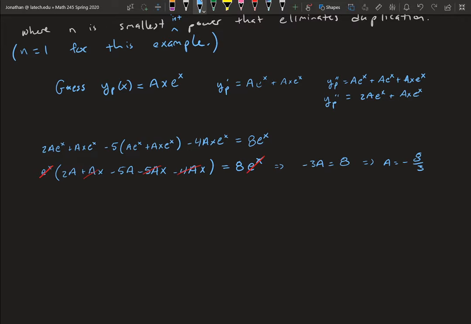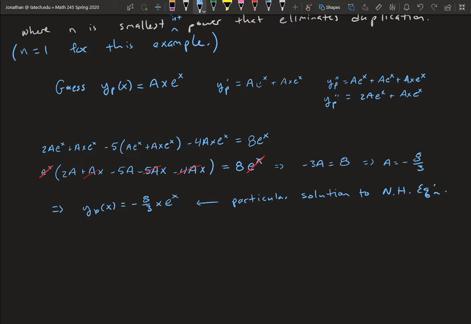So that is going to be our particular solution. This implies that yp of x is equal to negative 8/3 x e to the x, and that is our particular solution to the non-homogeneous equation.